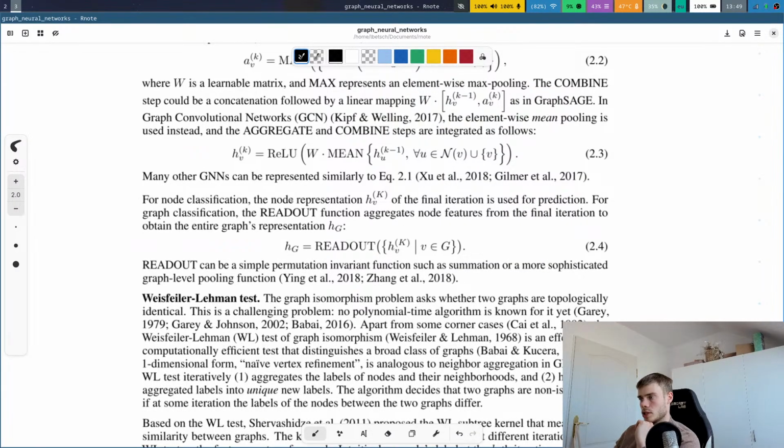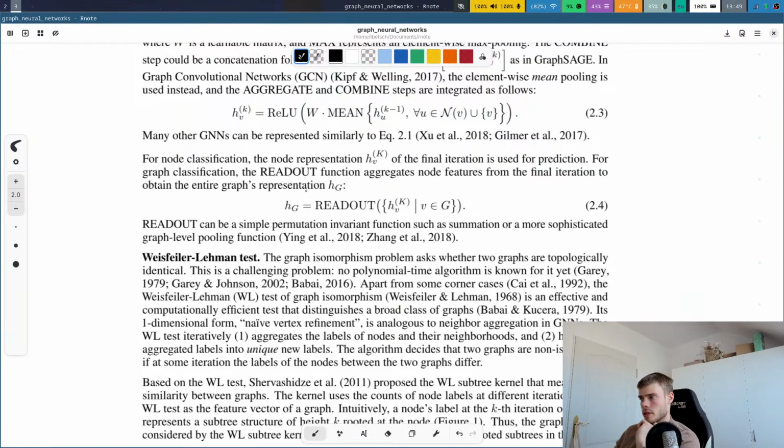For node classification, the node representation HVK, big K. Why do they use a big K now? For each vertex in the graph, is used for prediction.